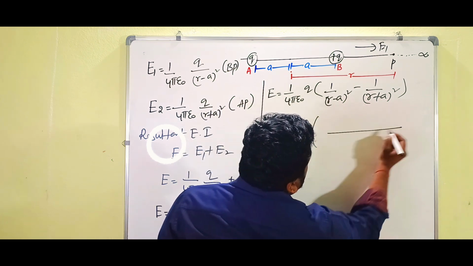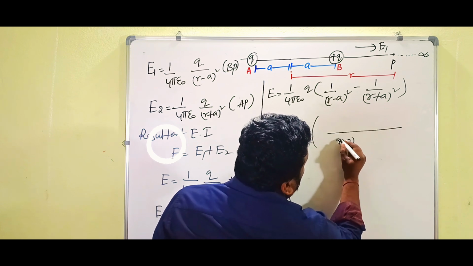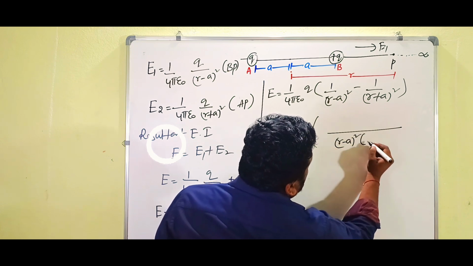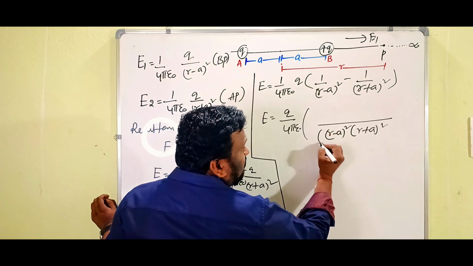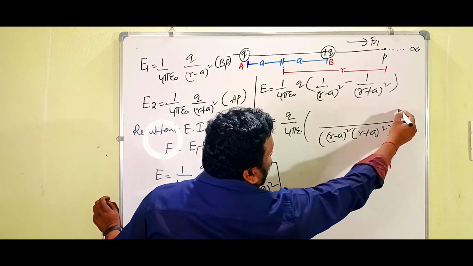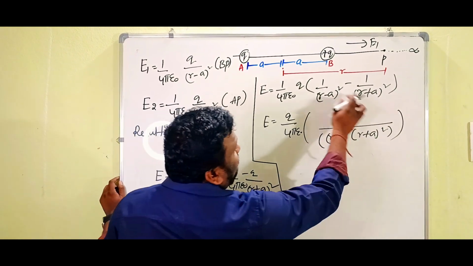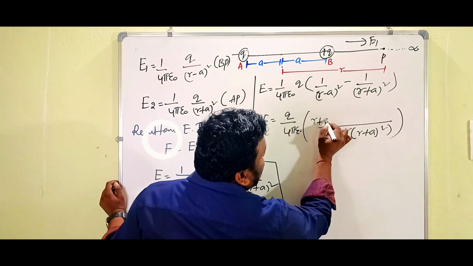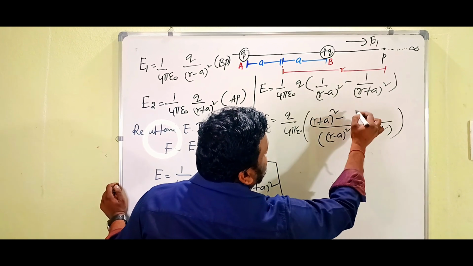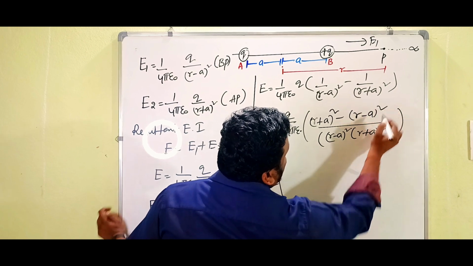So the LCM is (R minus A) whole square into (R plus A) whole square. Then what? The numerator is (R plus A) whole square minus (R minus A) whole square.